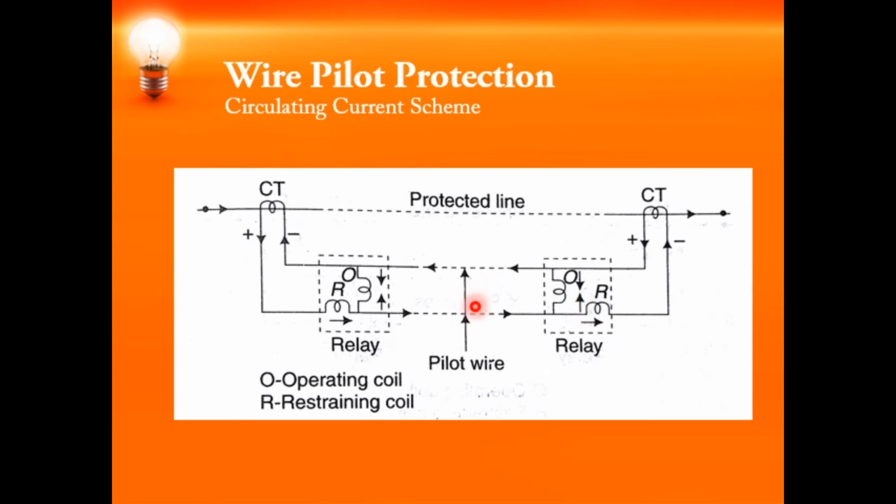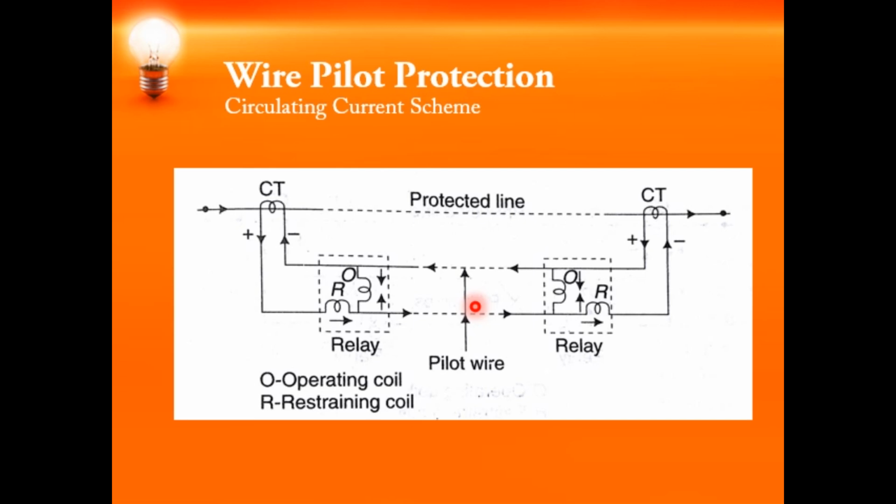They are used up to a distance of 30 kilometers, as I already told. When it is an important transmission line and a short transmission line, we go for the wire pilot relaying scheme.